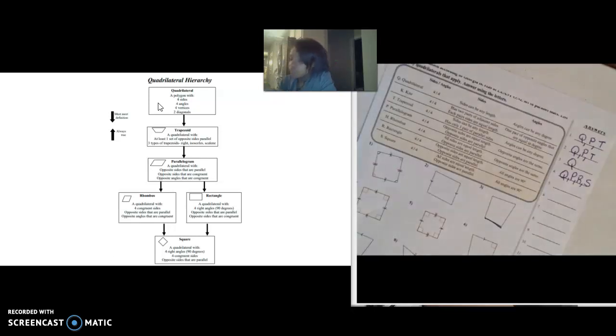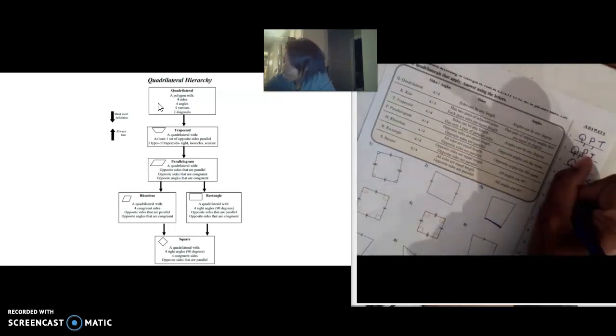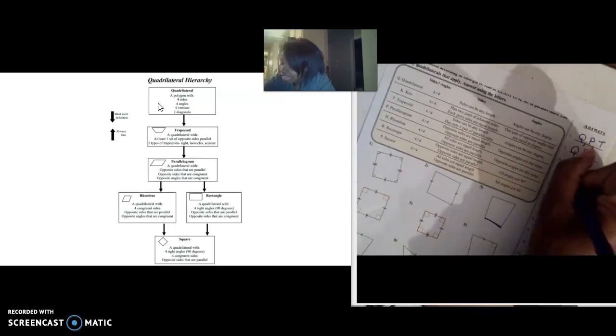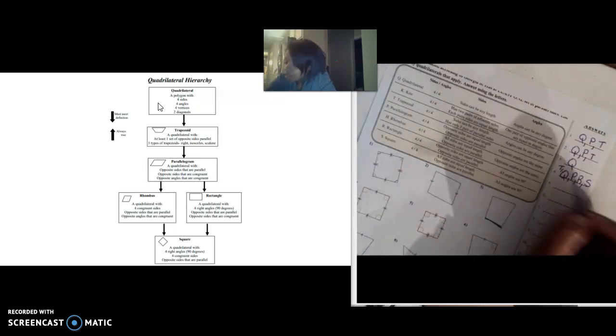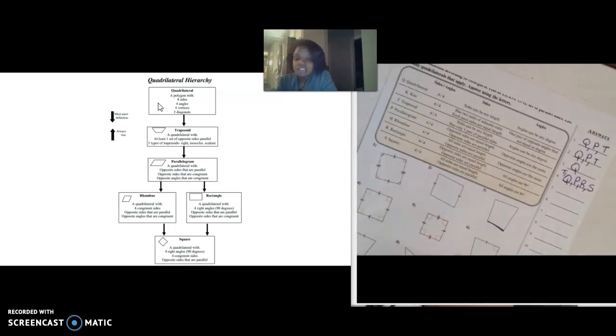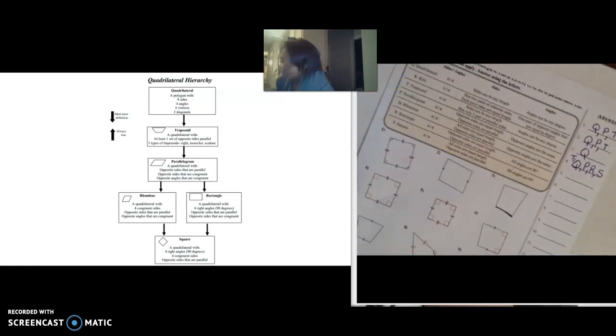So it is a square. It is also a trapezoid because it has at least 1 set of parallel sides. So I see a quadrilateral, trapezoid, a parallelogram, a rectangle because it has 4 right angles, and a square because it has 4 equal sides along with the 4 right angles.